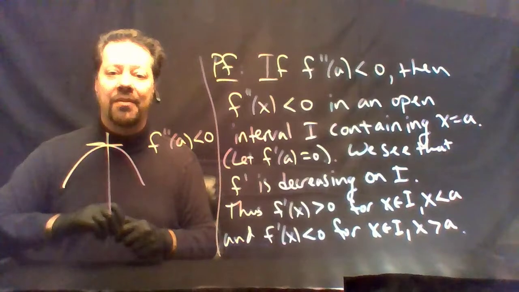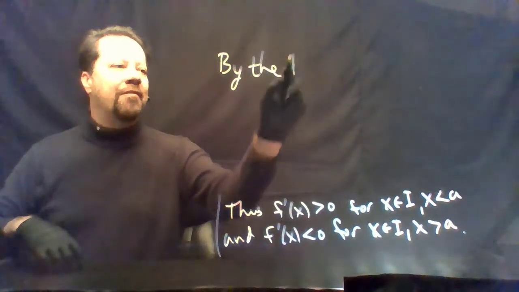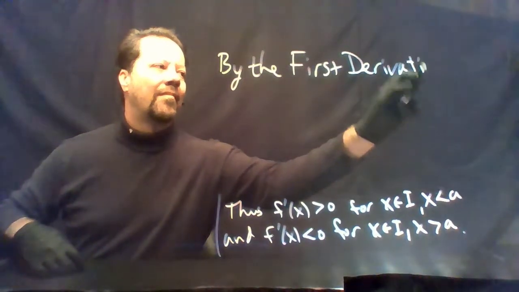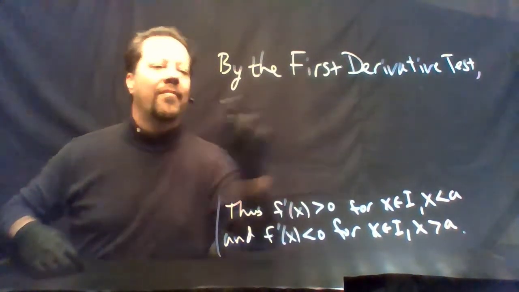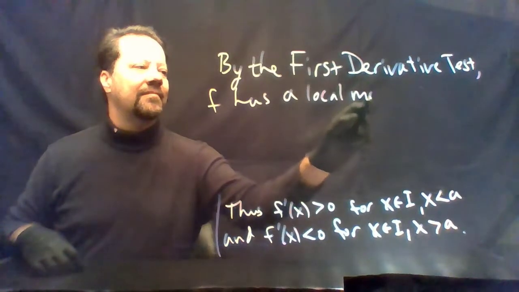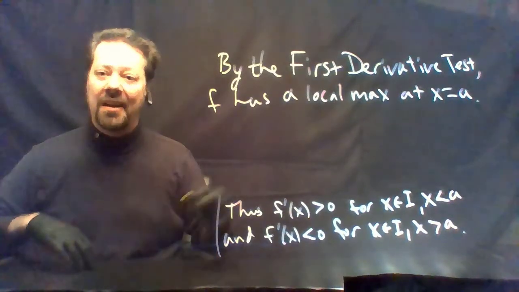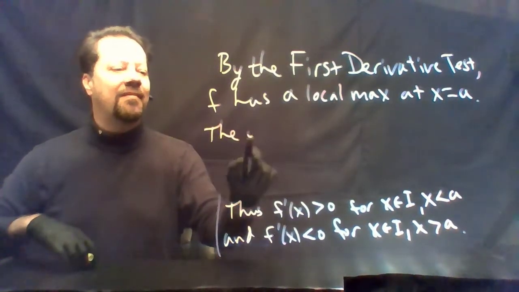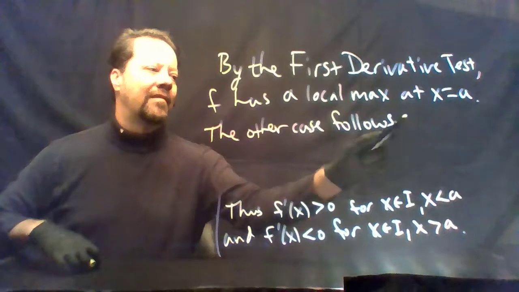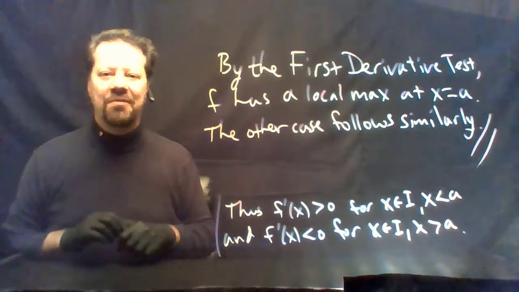It's here that we apply the first derivative test for relative extrema. By the first derivative test, f has a local max at x equals A. The other case follows similarly. And that's the end of the proof.